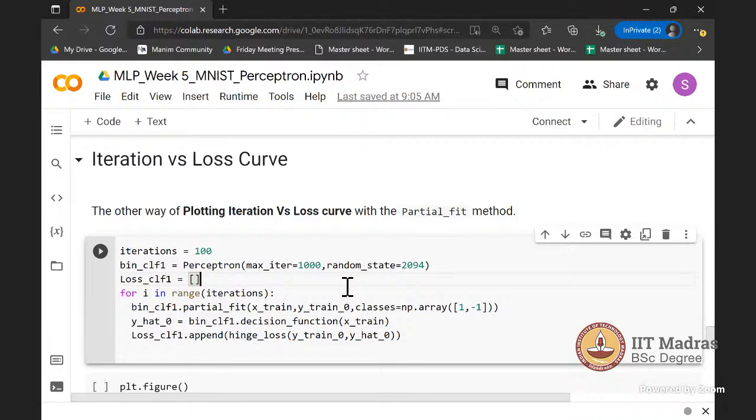But in case of a classification, the fit will do after you get the result from partial fit. Then you will check whether this is greater than a threshold or not. For this perceptron, if it is greater than 0, you will return 1, otherwise -1. So that particular code will be there in fit, but not in partial fit.